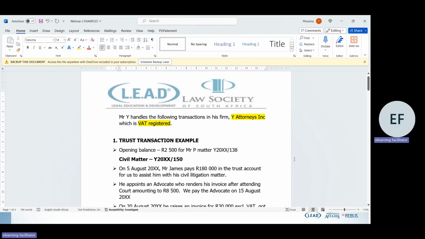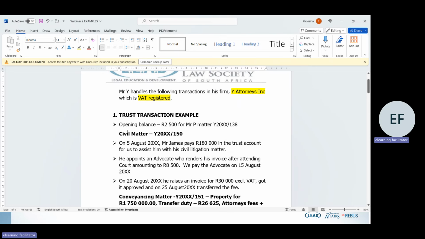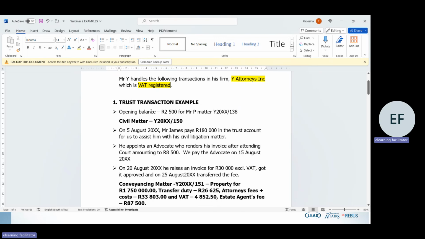Okay. And then we are told that for the trust, we've got the following trust transactions. So we've got an opening balance of 2,500 for Mr. P Meta Y20XX stroke 138.